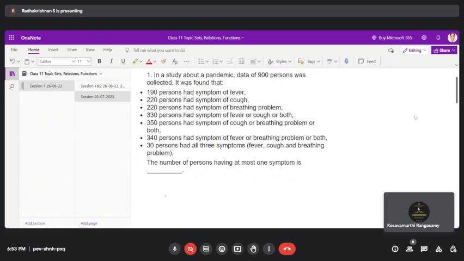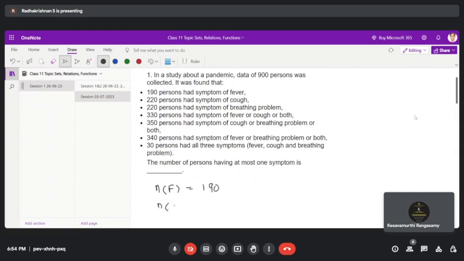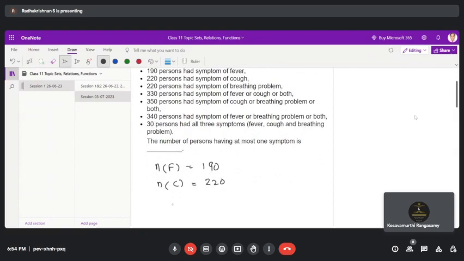It is given that the number of persons with fever is 190, with cough is 220, and with breathing problem is 220. Let us put the first letters F, C and B. Then what else is given?